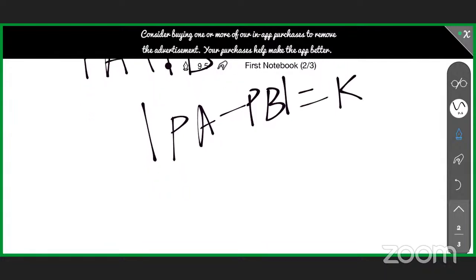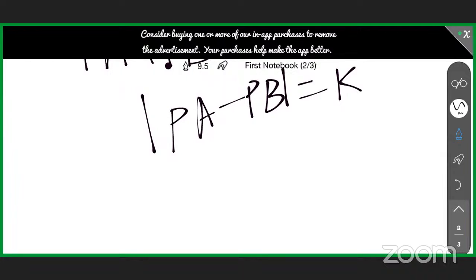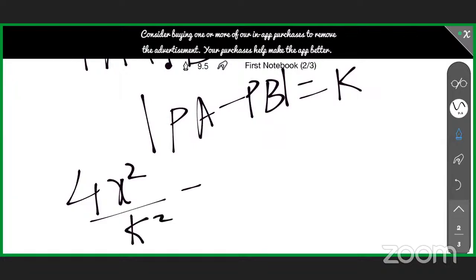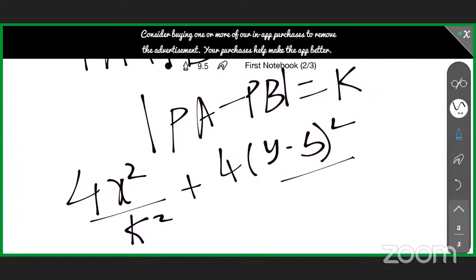Then to find that equation, whether it is an ellipse or anything, we have a simple equation: 4x square by k square plus 4y minus b square by k square minus 4a square, equal to 1.